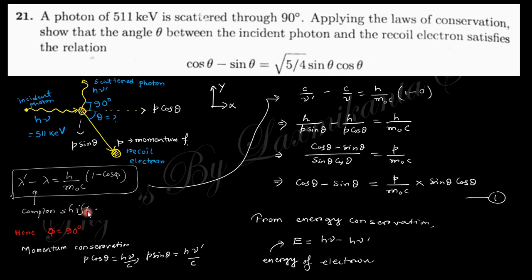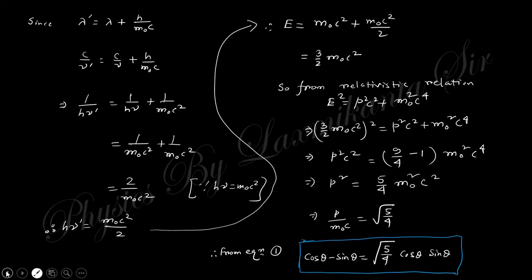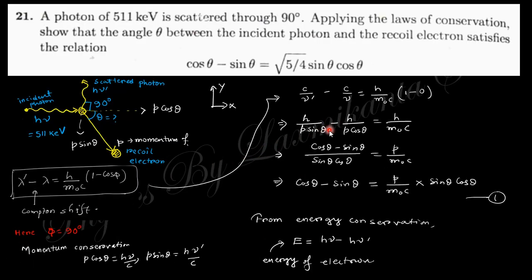Here phi is 90, and considering momentum conservation, this momentum is h nu by c, this is p sin theta, and along that direction this is p cos theta and this is h nu by c. So from momentum conservation you get these two relations.